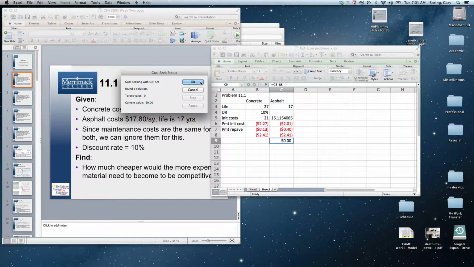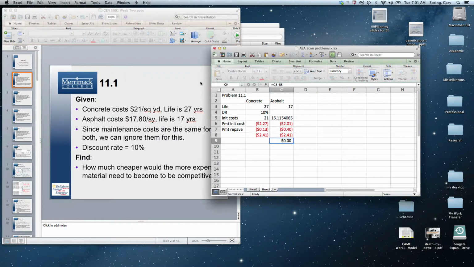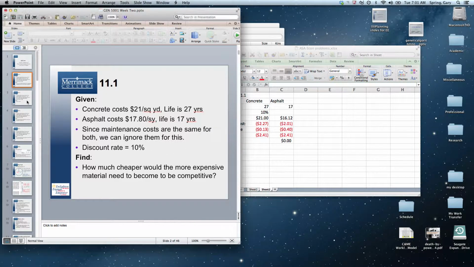So the asphalt would need to be $16.11. And I should probably change this to currency. Okay, what's the next question?